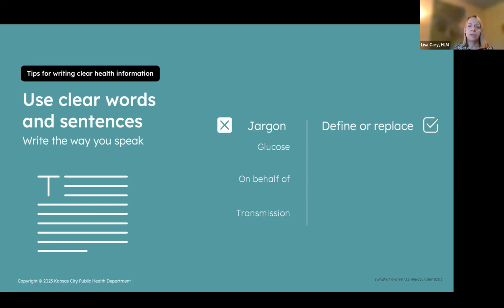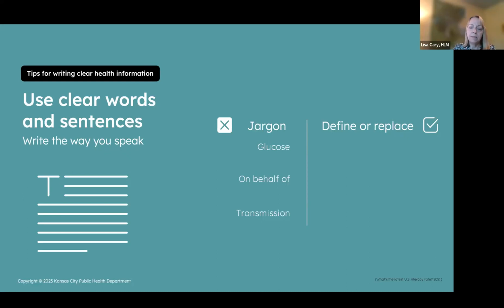There are two ways to handle jargon. One is, if it's a word that you think the readers need to know, you would define it the first time you use it in the material. And if it's a word that could be replaced with something simpler, a word that means the same thing, and you don't think your readers really need to know it, you could replace it.